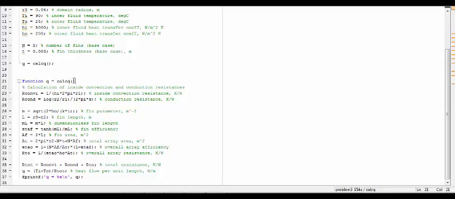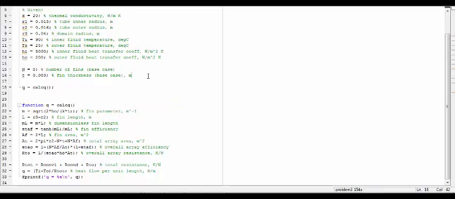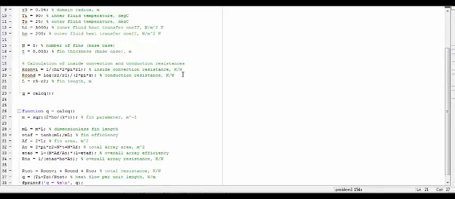So first off, in this calc q function, we want to look at things that depend on n and t. It's evident that our convection i and our conduction do not, so we can actually move these out. So we'll move these out of this subfunction back up to the main function. We can also move up L, since L is independent of n and t. So we'll move that up.